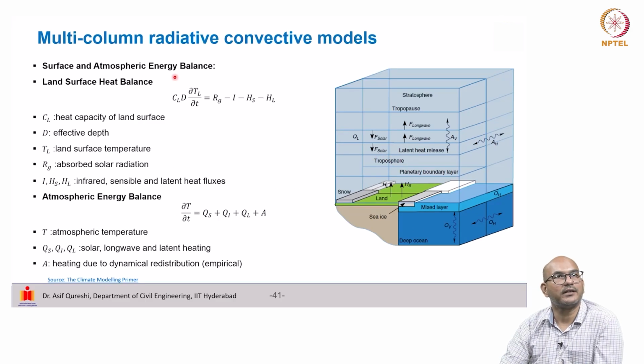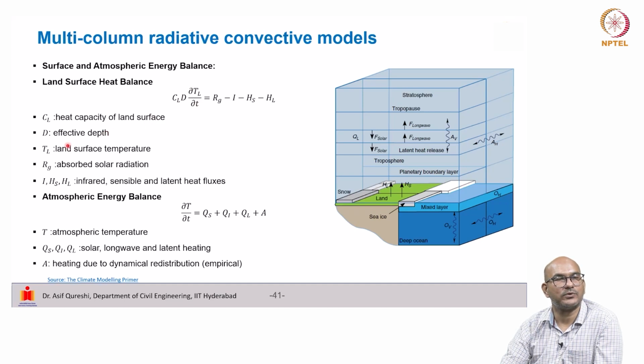Now, we can write the surface and atmospheric energy balances also. So, let us start with the land. For the land surface, we have CL times delta TL, the heat capacity of the land surface multiplied by the effective depth.